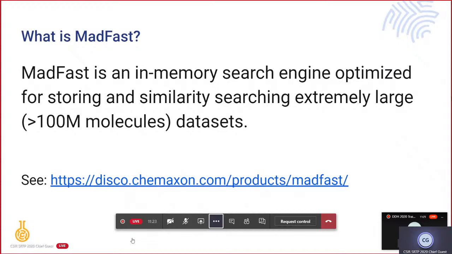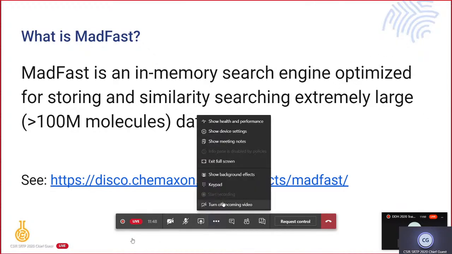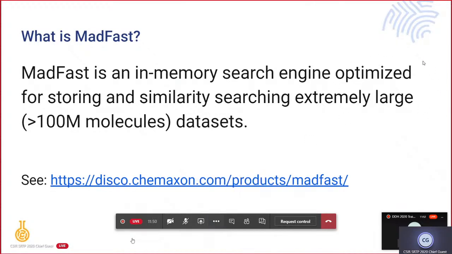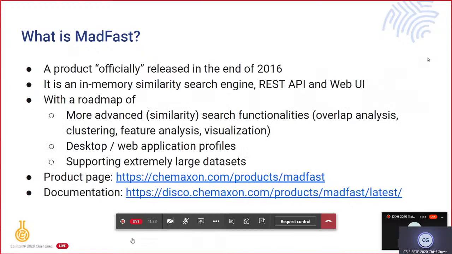This is a mainly in-memory search engine which is optimized for storing and similarity searching large molecule datasets, small molecule datasets. Large is meant here from any low number of molecules up to the over billion molecule ranges. So this tool can handle quite large datasets.